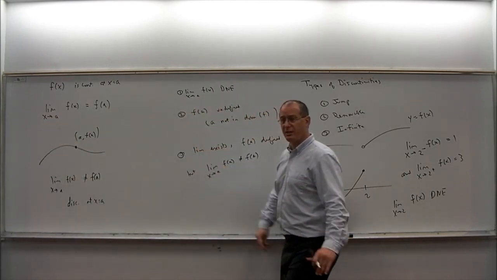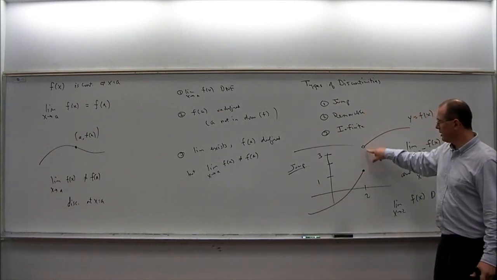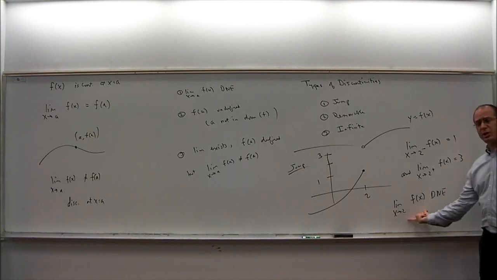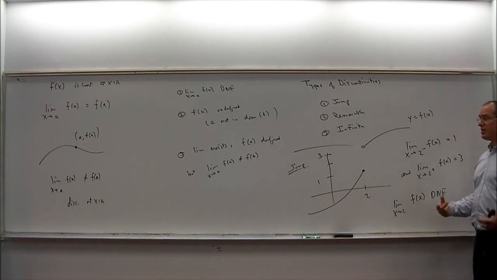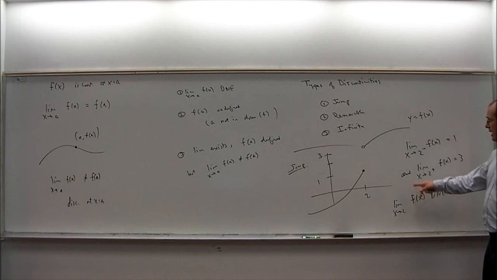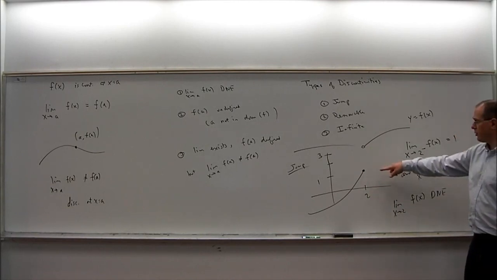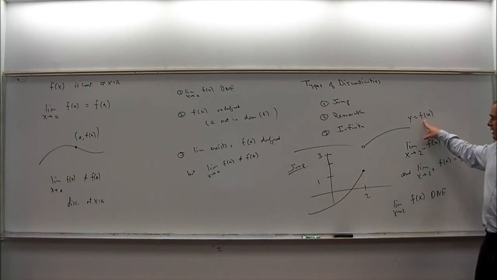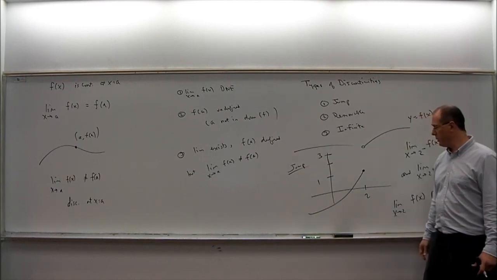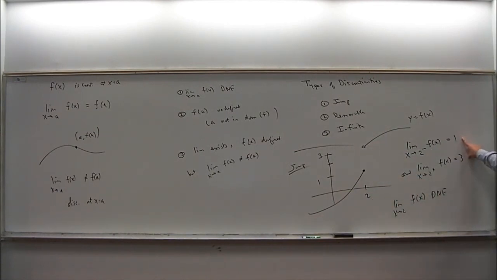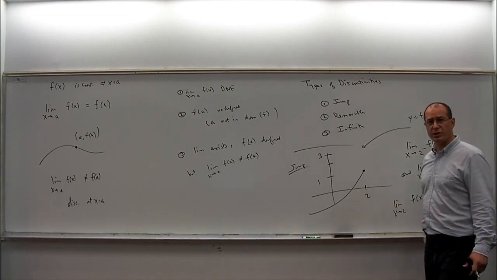If the one-sided limits disagree, as in the case of a jump, then the two-sided limit does not exist, and hence the function could not be continuous at x equals 2. So we say that f of x has a jump discontinuity at x equals 2. The size of the jump is the difference between these two one-sided limits, the bigger one minus the smaller one. It's a jump of 2 units.